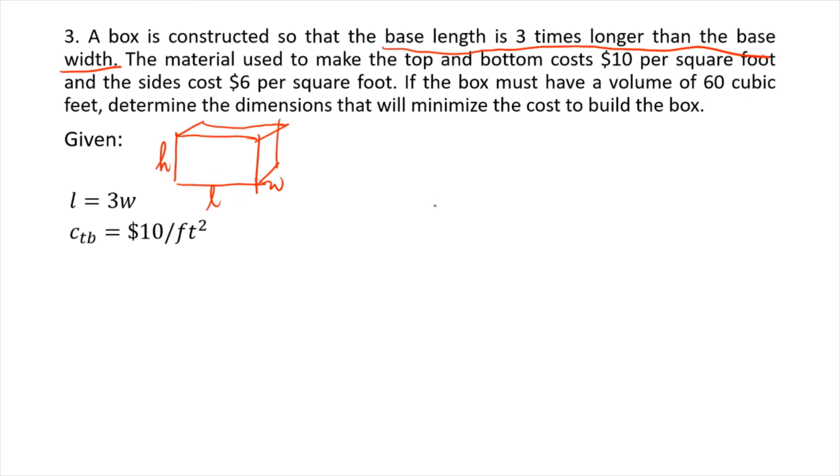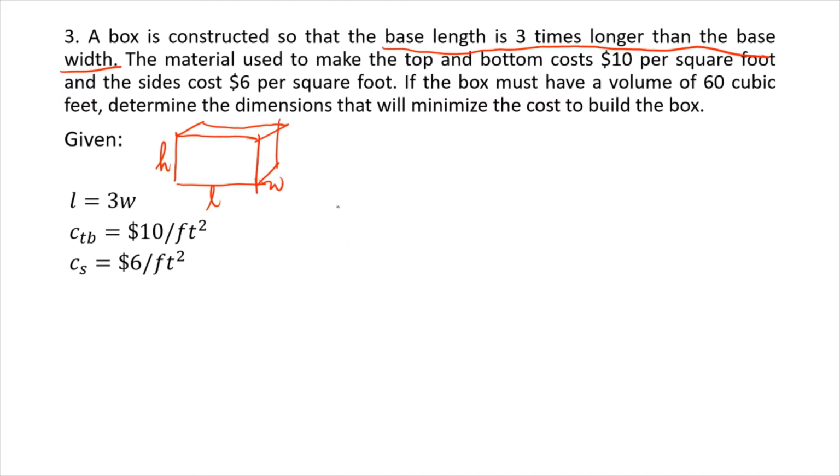Same with the sides. The sides cost $6 per square foot. Multiply this value to the area of the sides of the box, then we get the total cost for building the sides of the box.